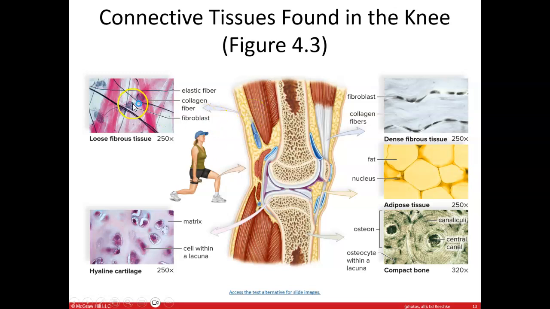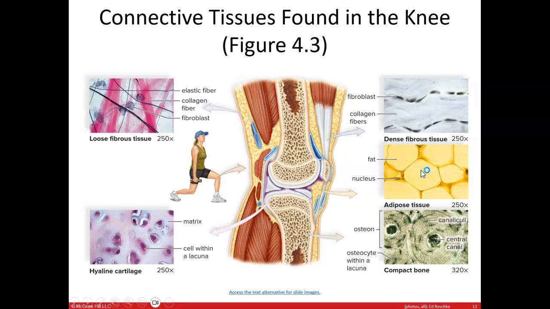It's binding things together. We have dense connective tissue that's making up the tendons and the ligaments. So there's a tendon. I know it's a tendon because it's connecting muscle to a bone. And it makes up the ligaments. Here's a ligament. Well, that's part of a ligament, connecting bone to bone.